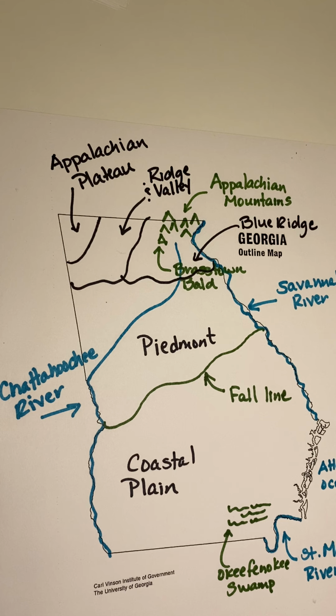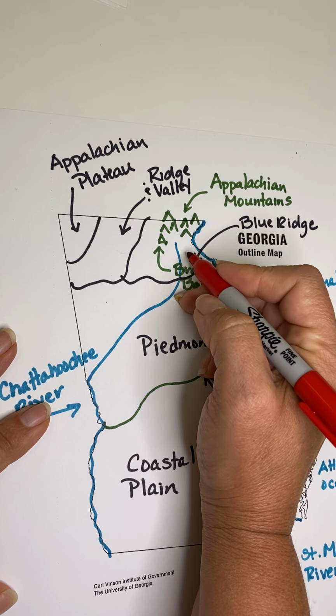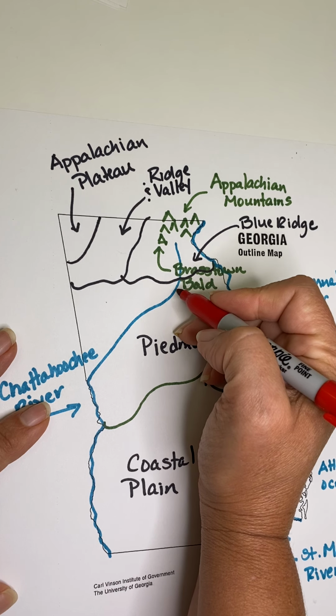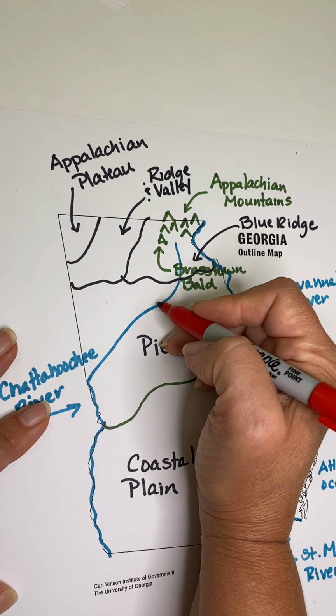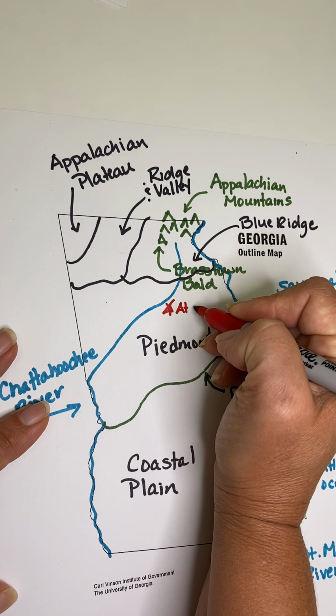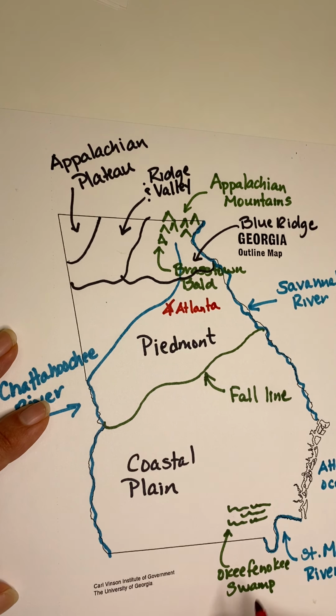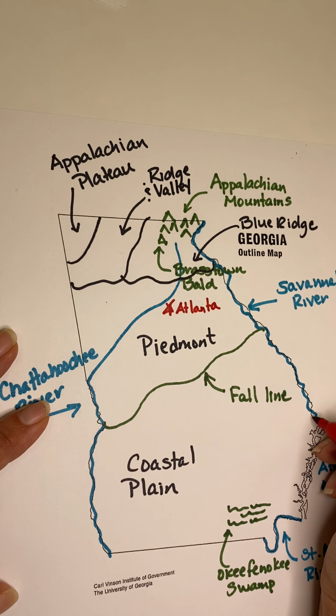Okay, the most important city is our capital, and it's right here where the river starts kind of from going south, starts going a little bit southwest, and that's Atlanta, the capital of Georgia. Then right here where the Savannah River meets the Atlantic, that's Savannah, the oldest city in Georgia.